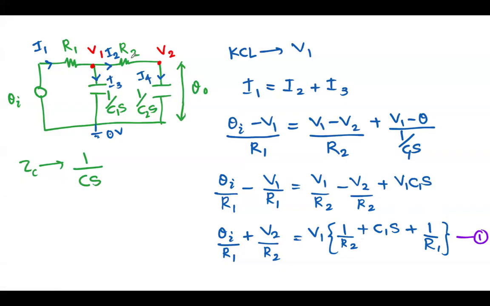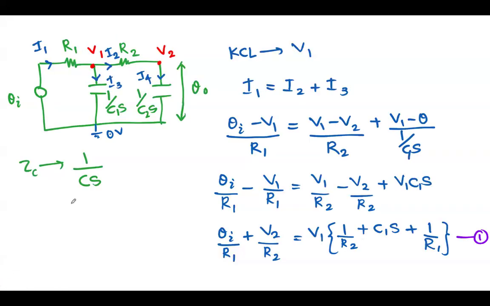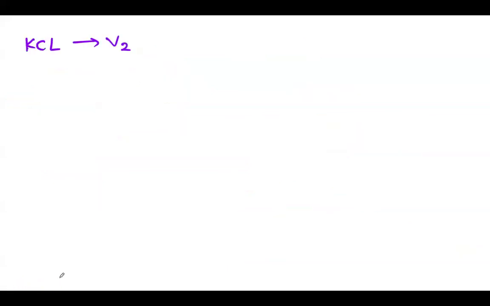Then I can apply Kirchhoff's current law to the V2 point. KCL to the V2. For that one, incoming current is I2 and outgoing current is I4. I2 is equal to I4.